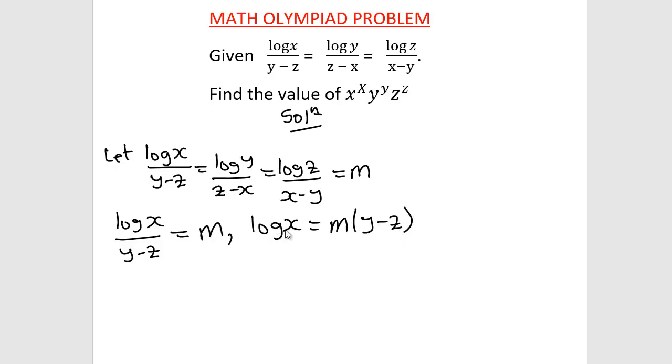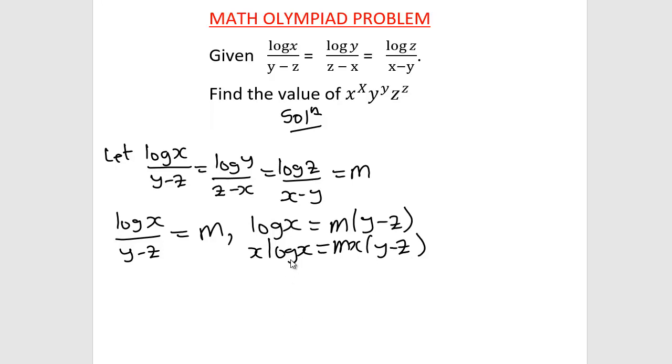And then from here, if you look at what we are to find the value of, we are expected to get something like x to the power x. So we can introduce another variable by multiplying through by a variable that depends on what is over here. So I'm going to multiply through by x, giving x times log of x is equal to mx into y minus z.